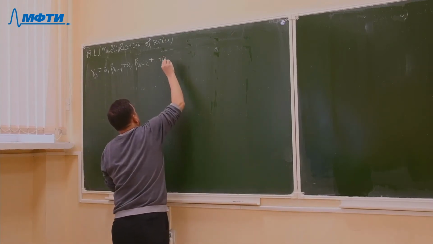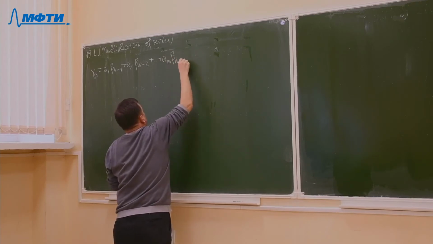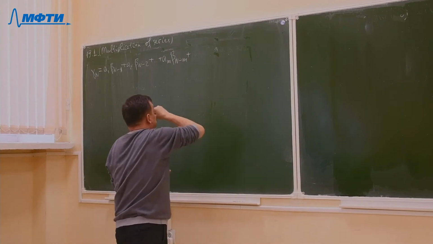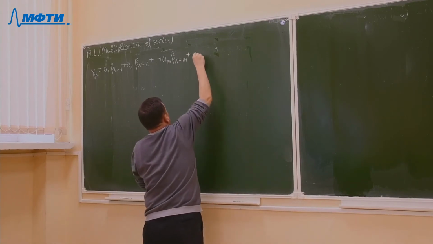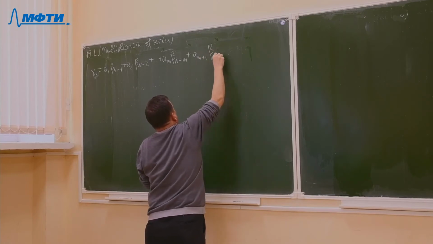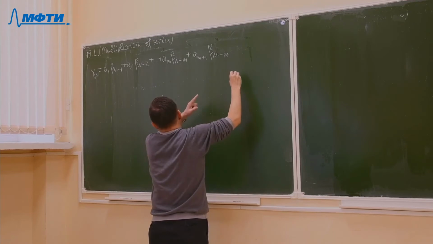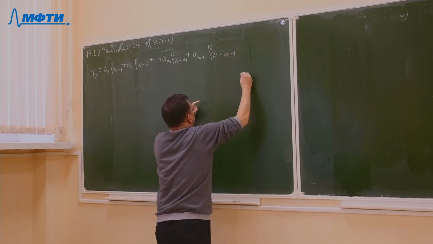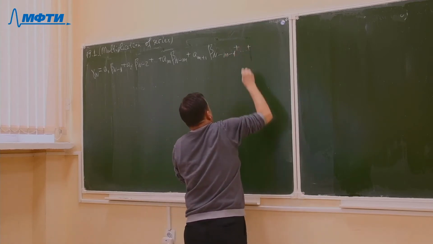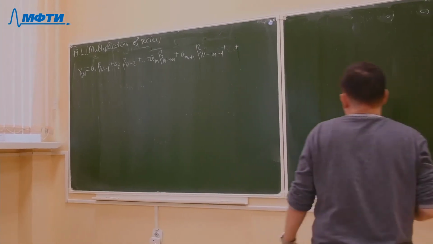So A_m beta_(N minus m) plus A_(m plus 1) beta_(N minus m minus 1) plus so on, plus the very last is A_(N minus 1) beta_1.